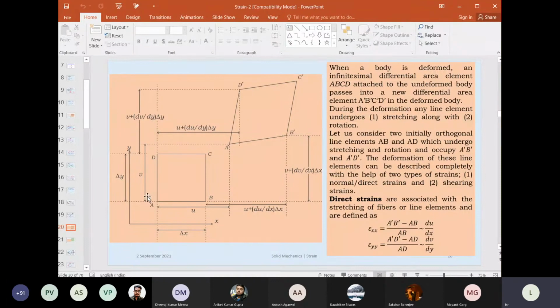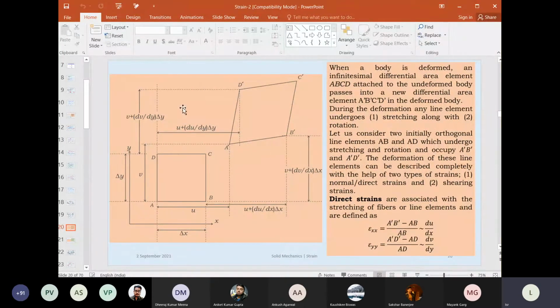The original length was xy, A has moved by a distance u, and B, as you know, has deformed by u plus du by dx into delta x. But B dash has also moved vertically, because it is a function of two variables; it has moved by dv by dx into delta x. Similarly, we can write for all other things.